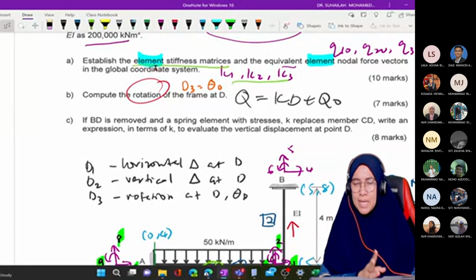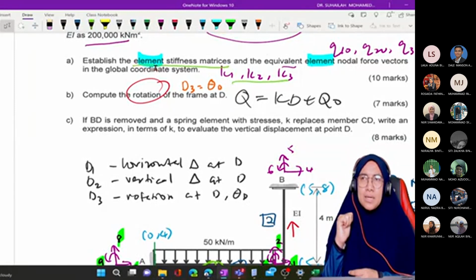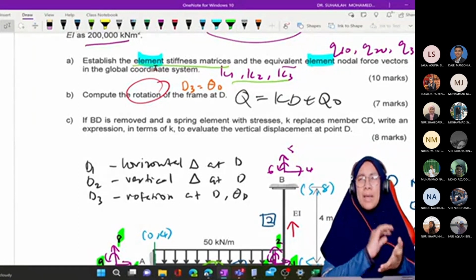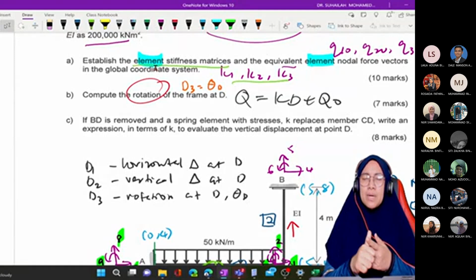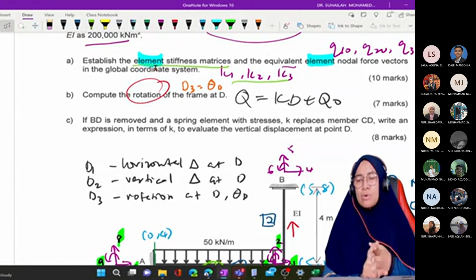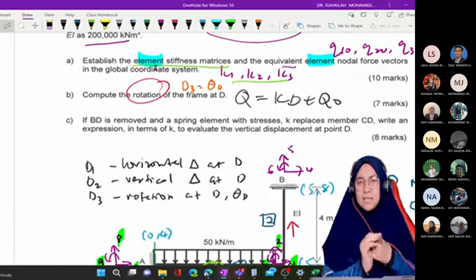For example, like this frame, number one, as I showed just now, make sure the diagram is complete with all labeling. Note the element numbers and the arrows, we must put the arrows, and the coordinates, because we want to find CX and CY.